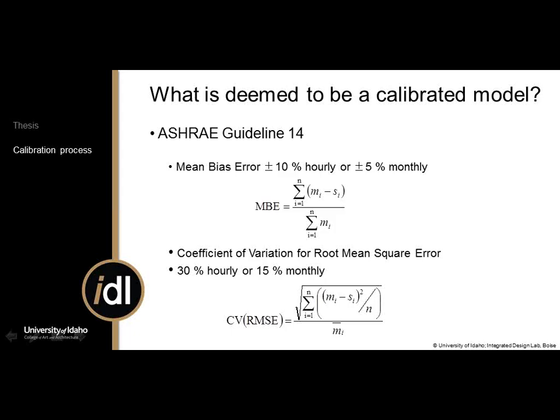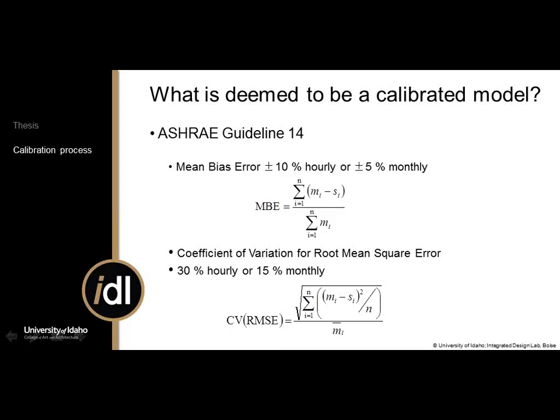But what we haven't found, either in the literature review or in the actual ASHRAE guideline, is which to use for which scenarios. So we have taken the stance that as long as we meet the criteria of one of these, then we can deem it calibrated. But we haven't really found a good protocol or reference to say you should use the coefficient of variation of the root mean square error for these types of buildings or situations.